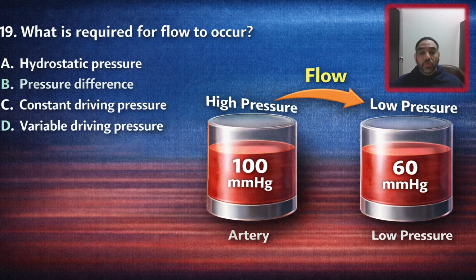Flow only occurs when there is a pressure gradient, meaning blood moves from higher pressure to lower pressure. Now, this is, again, a physics concept that is universal, true for everything. Flow happens when you have something moving from a higher concentration gradient to a lesser concentration gradient. And in this case, we're talking about pressure. So if you have no pressure difference, there's no movement.